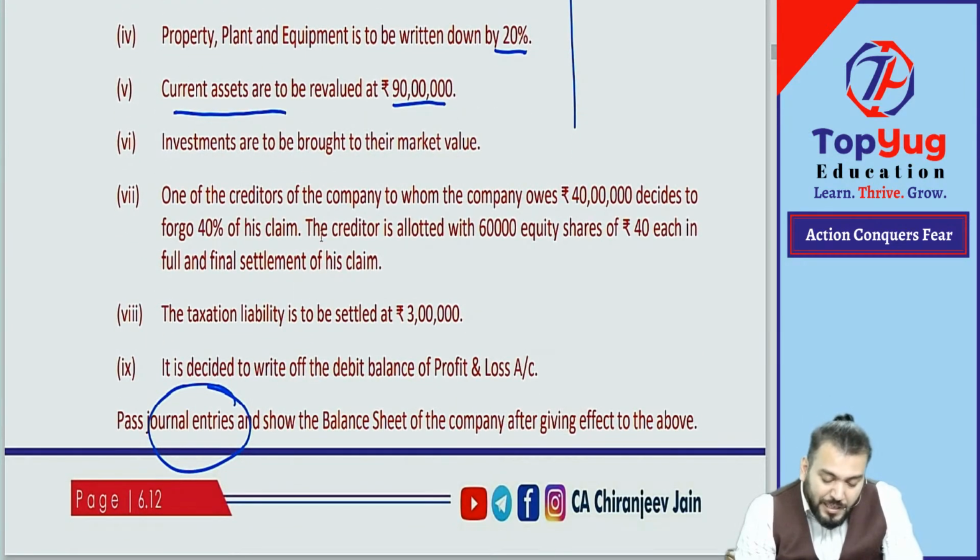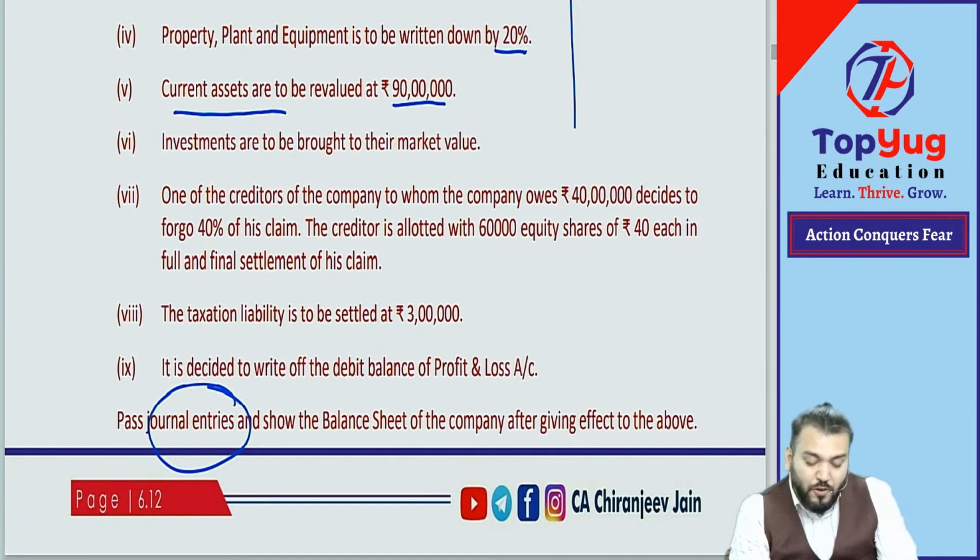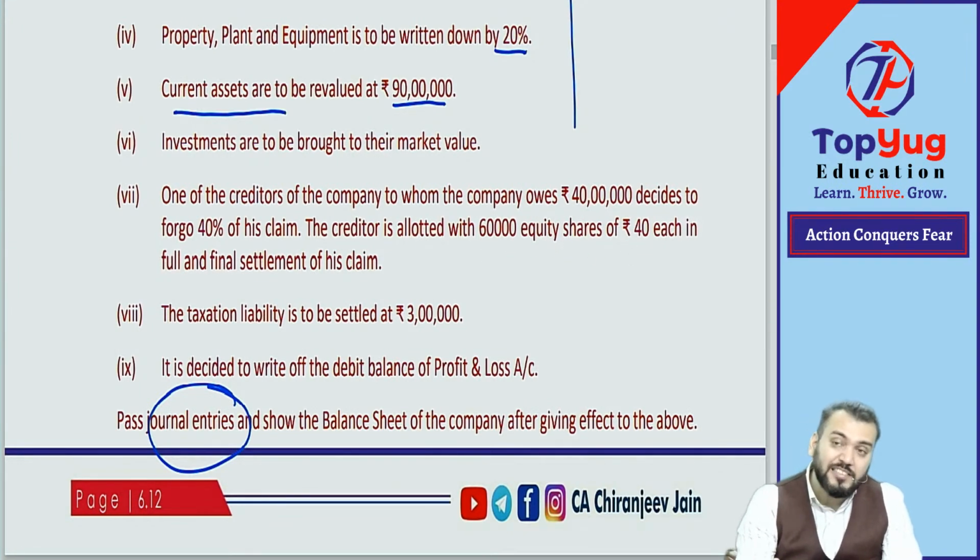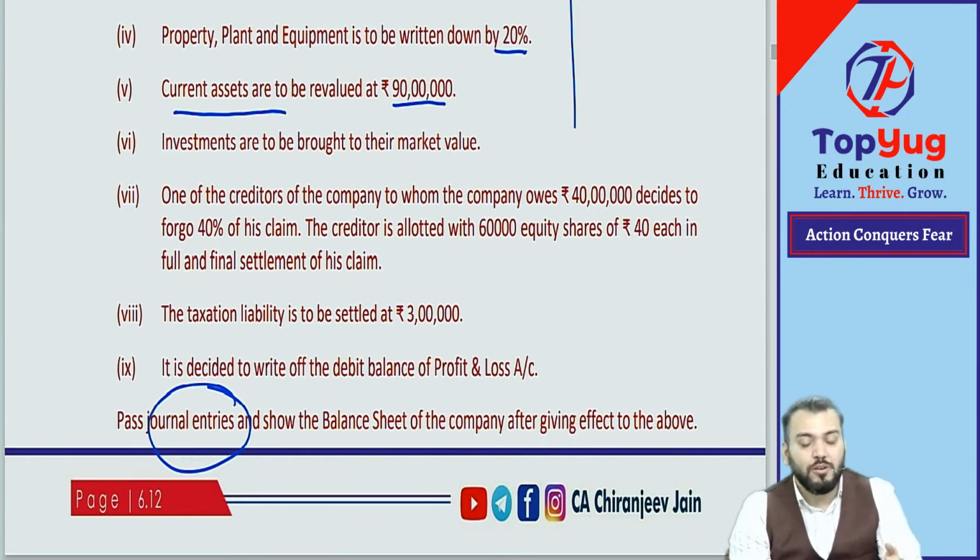Then one of the creditors of the company, to whom the company owed 40 lakh, decided to forgo 40% of his claim. So they decided to forgo 40% of his claim. The creditor is allotted 60,000 equity shares of rupees 40 in full and final settlement of the claim. In full means, can I say out of 40 lakh, 40% is reduced, and for the 60% we are giving equity shares.